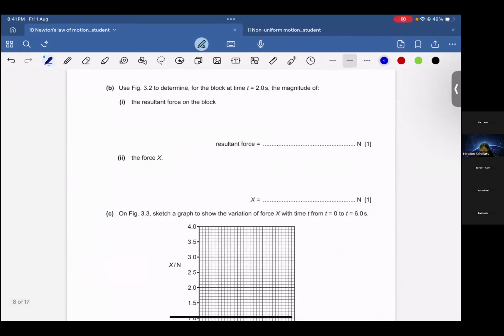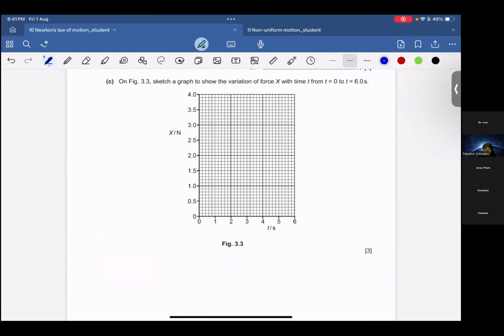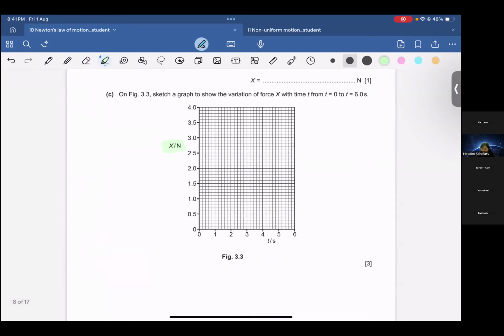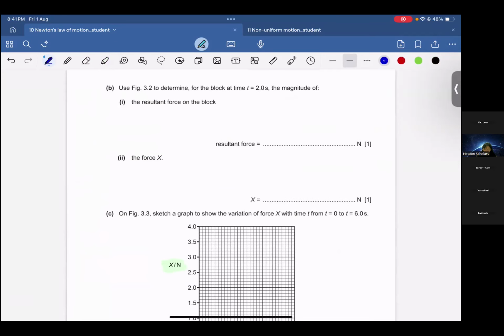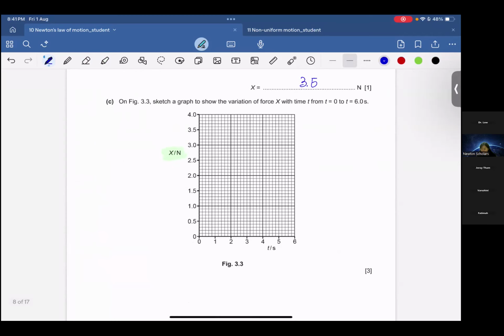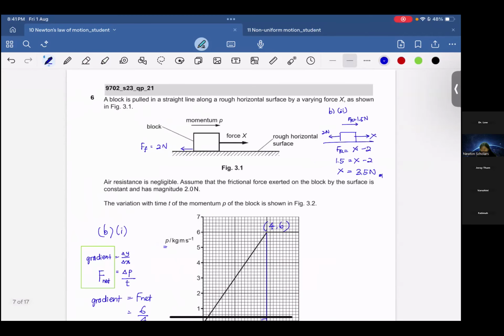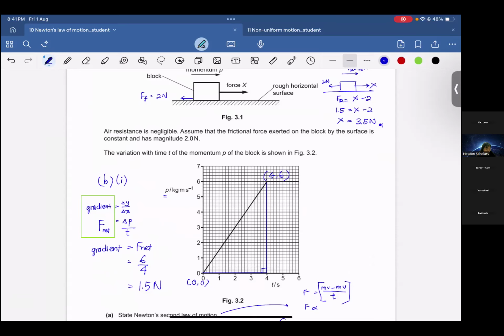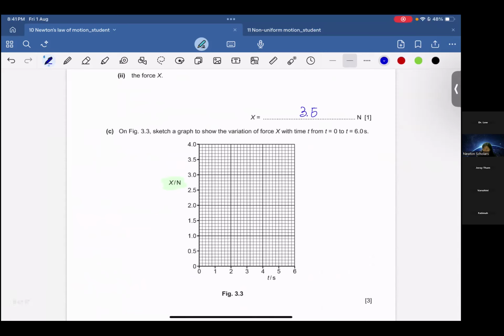Now they're asking you for force X. We sketch the graph for X. How was your graph? Are you able to sketch?